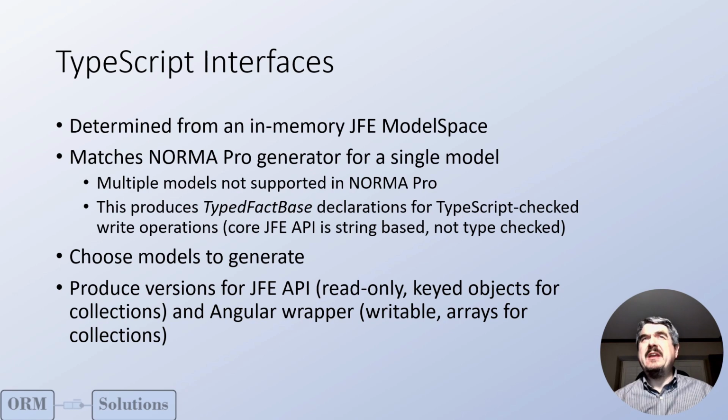So the TypeScript interface generator is an easily plugged in tool. It goes ahead and reads the actual model space. So this is not looking at the ORM model or any other definition of the JFE. It's looking at what is actually in memory and then reproducing the objects that it's creating. So the JFE objects don't actually exist. They're declarations.